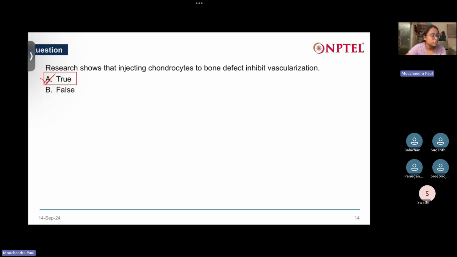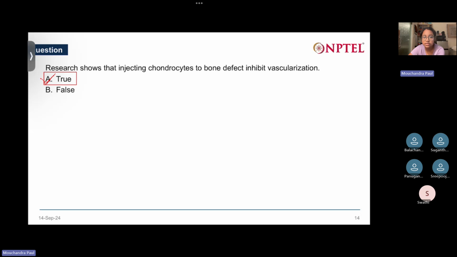This is the next question. Blank involves recruitment of MSCs for differentiation into precursor cells, and then blank. So the first blank will be filled by the process name. What process helps in recruitment of MSCs?